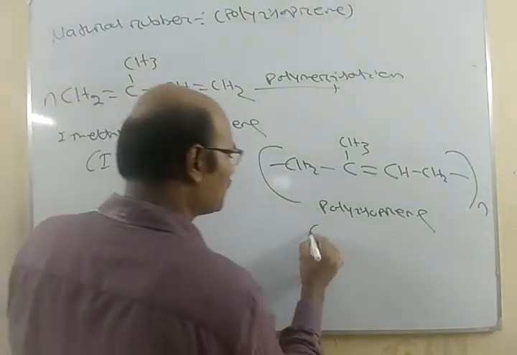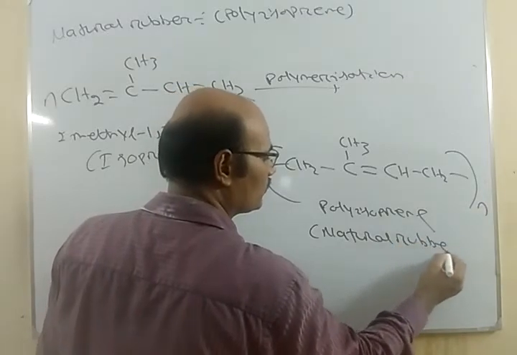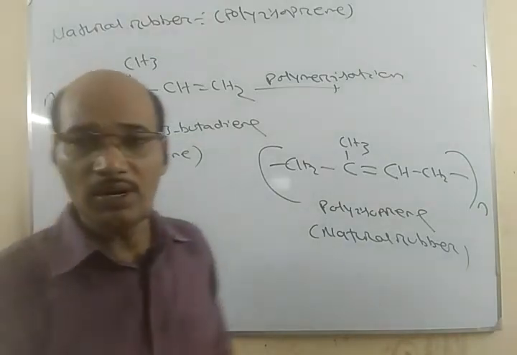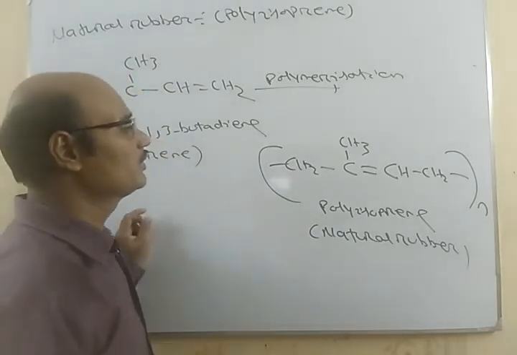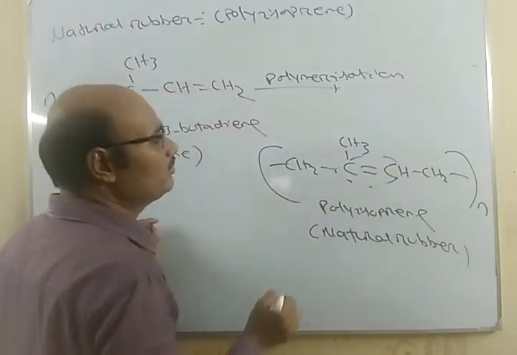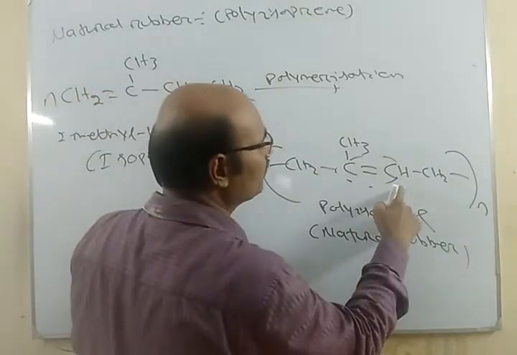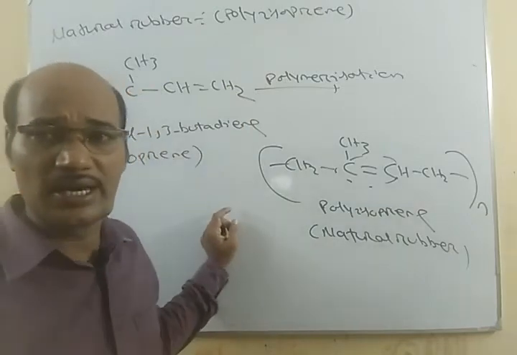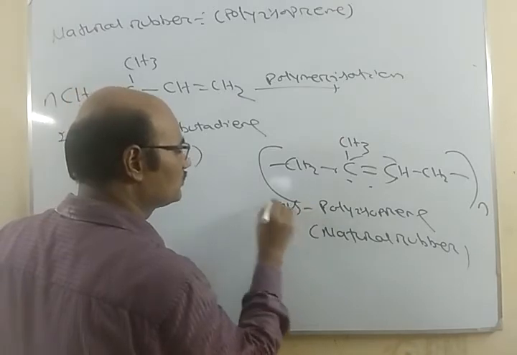So what is natural rubber? The monomer of natural rubber is what, isoprene. But in this polyisoprene, you see this double bond is there. Now this CH2 and CH3, again what, here we'll have CH2. Now this polyisoprene is arranged actually in a cis manner, called cis polyisoprene.